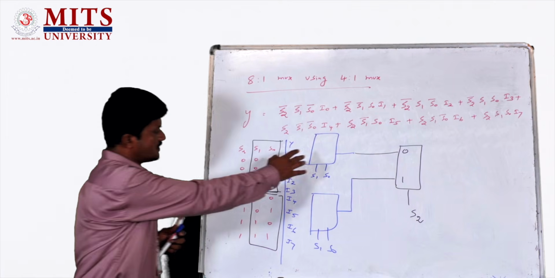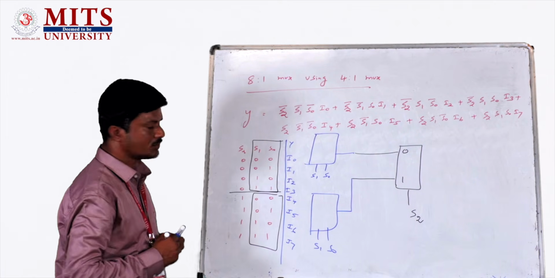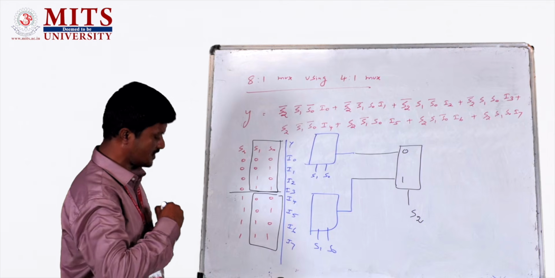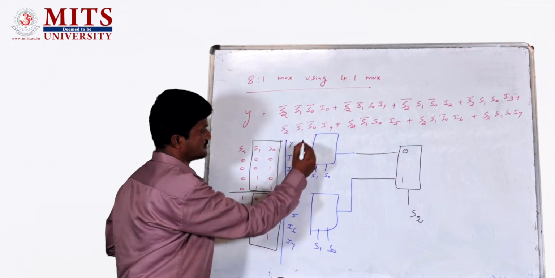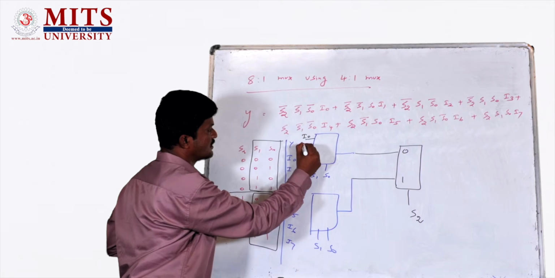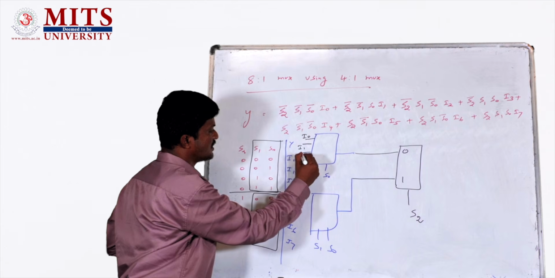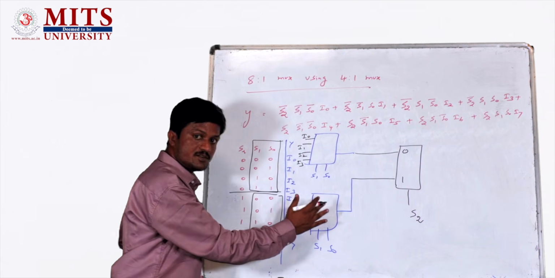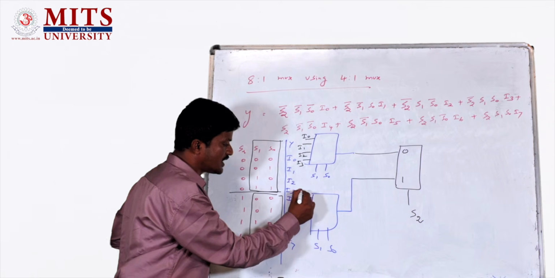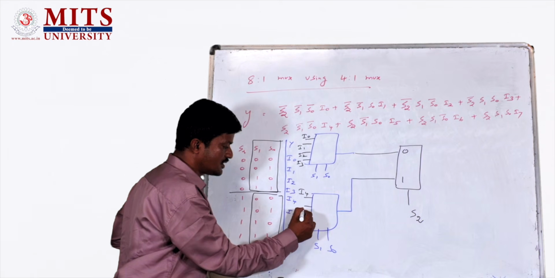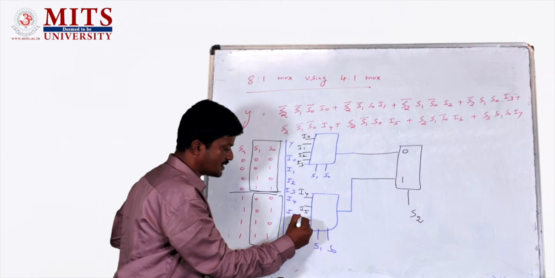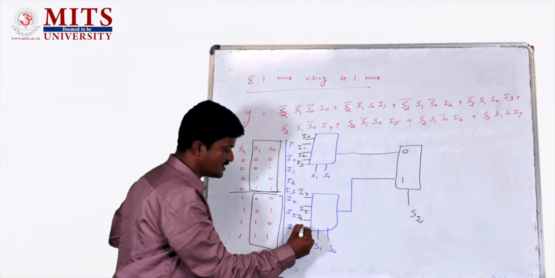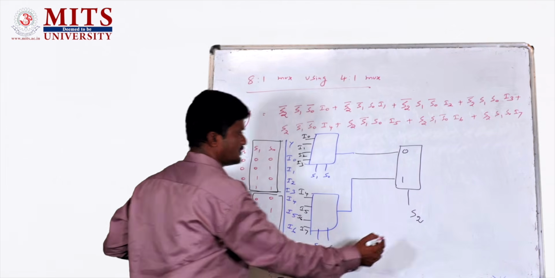So this one will be the first 4:1 mux. The data inputs are the first 4 data inputs, I0, I1, I2, I3. Then this will be the second 4:1 mux. The data inputs are I4, I5, I6, I7. Then the output will be here.